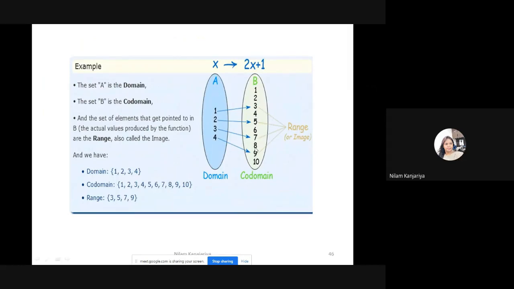These belong to B, so 3, 5, 7, 9 is known as the range.